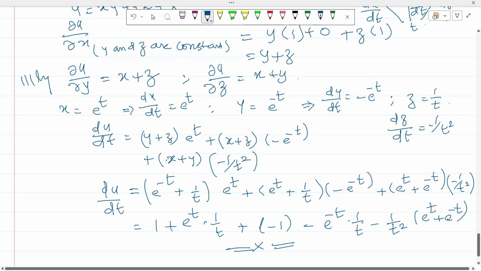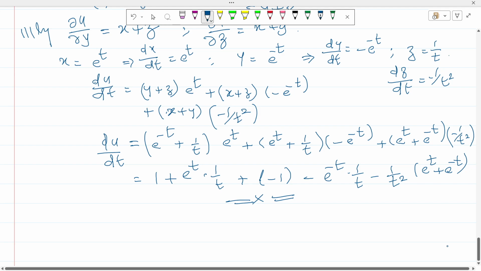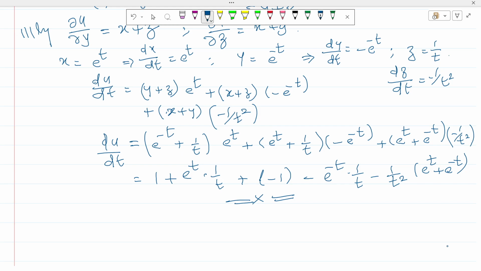Is the problem clear, or is there any doubt? See, for this class you have to have a very clear-cut idea about the total differential, the function of function rule and the chain rule.